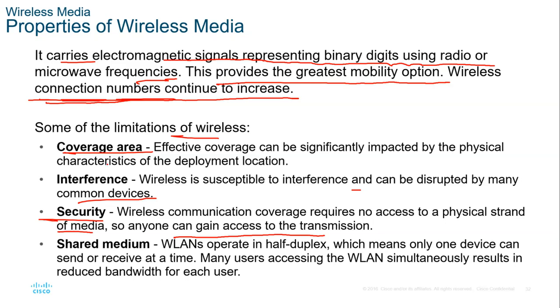Then shared media. Wireless networks operate at half duplex, which means that only one device can send and receive at a time. So many users accessing wireless simultaneously results in reduced bandwidth for each user. That's the reason why most of the time, if there are so many users on a single access point, the performance tends to lower.